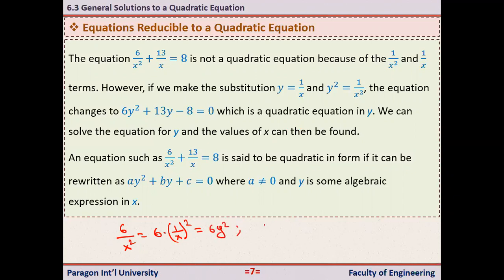And also the second one, 13 over x, you can write it as 13 times 1 over x, and 1 over x is denoted by y, so that's equal to 13y. Now if I just substitute these values into the equation, we will get 6y squared plus 13y minus 8 equals 0, which is exactly a quadratic equation. And now we have a formula in our hands, so by using that formula, we can solve this equation.